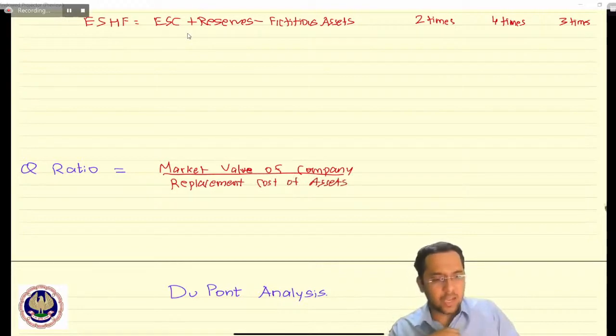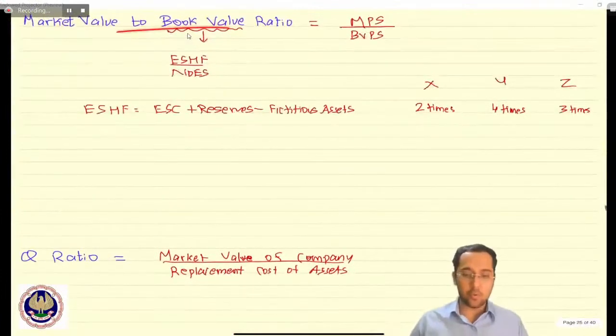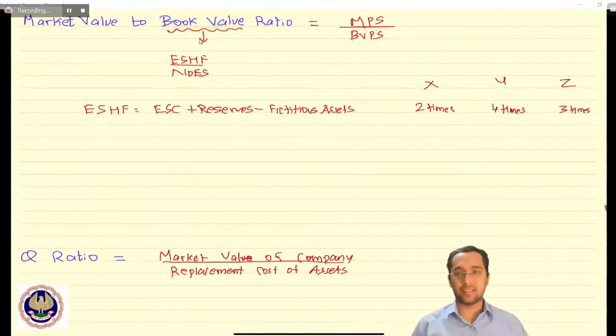This ratio is another version of market value to book value. Instead of taking book value, we say what is the value of the company assets in replacement terms.